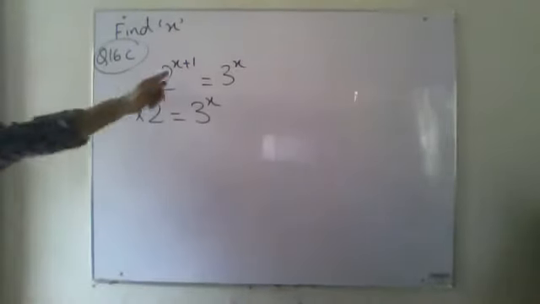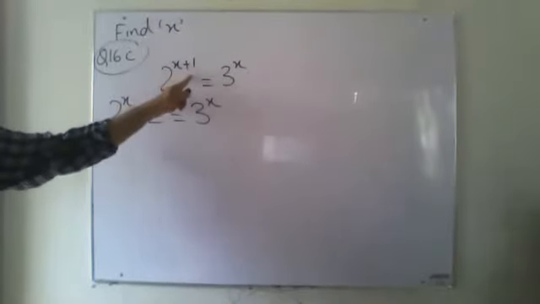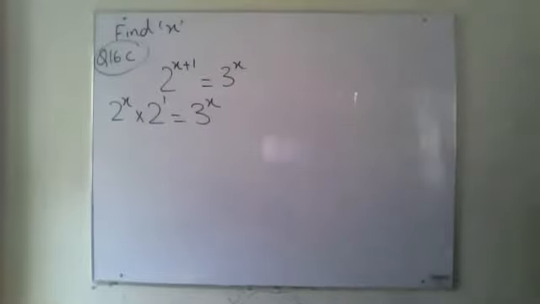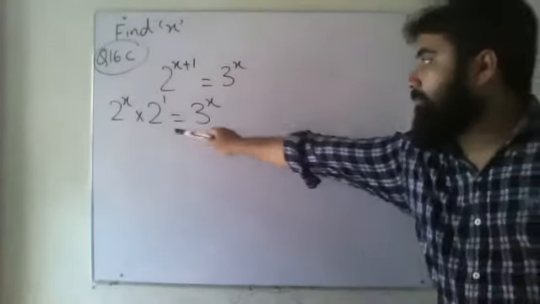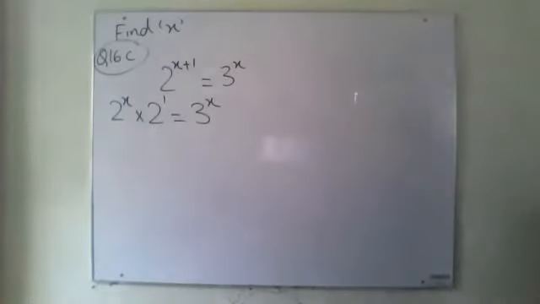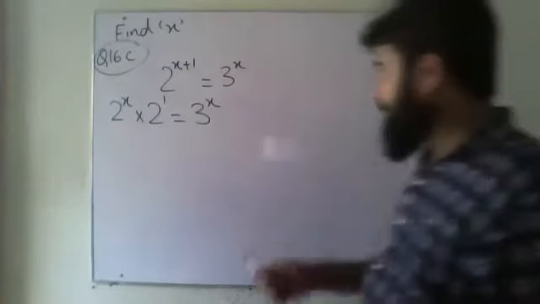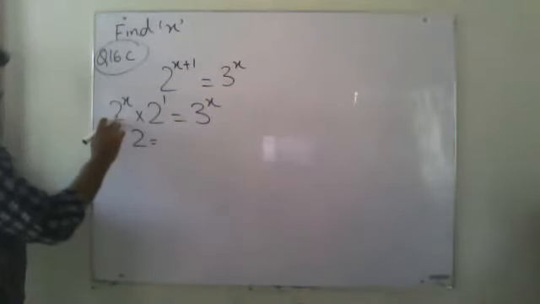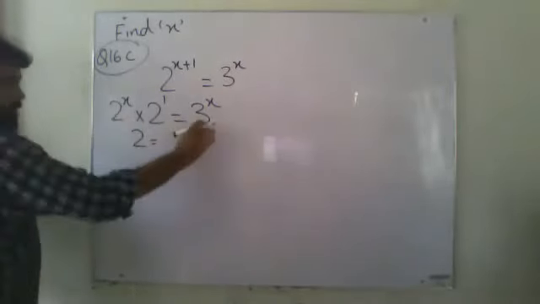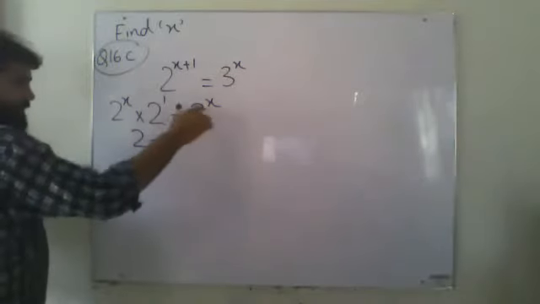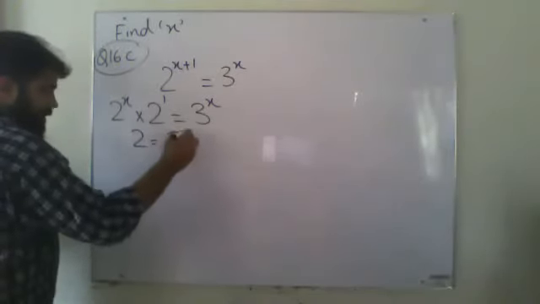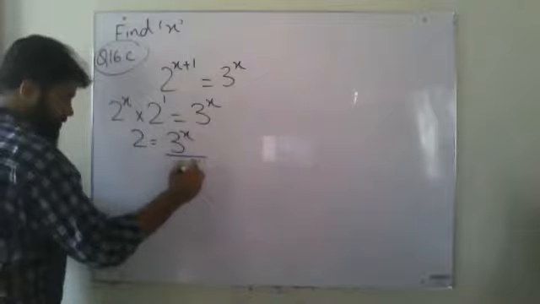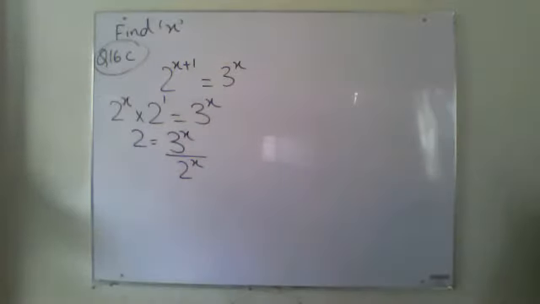Okay, powers are being added, so I can write them in the product form as I have written it on the board. After this, 2 equals to, I'm shifting this base over here because this power and this power is same, 3x over 2x.